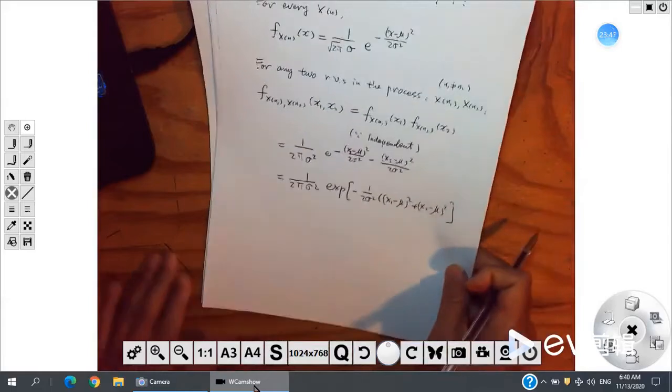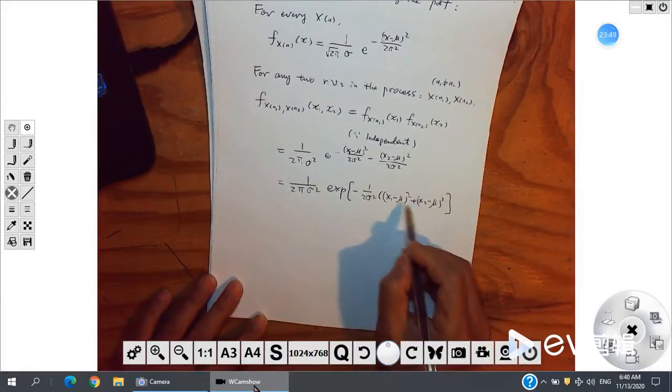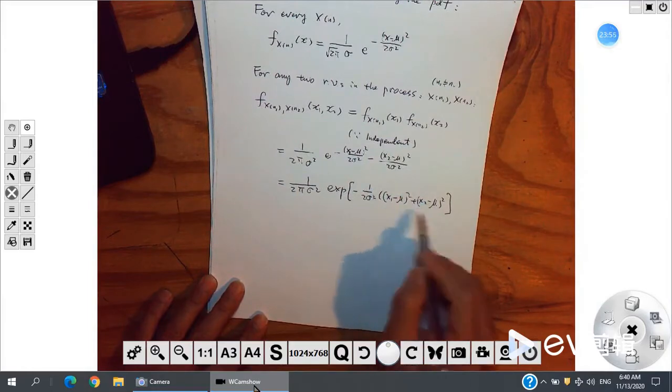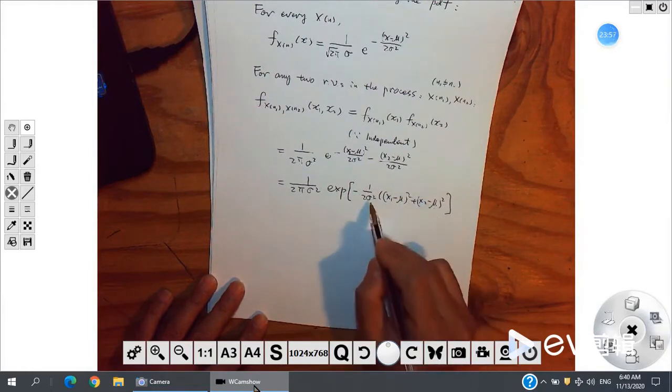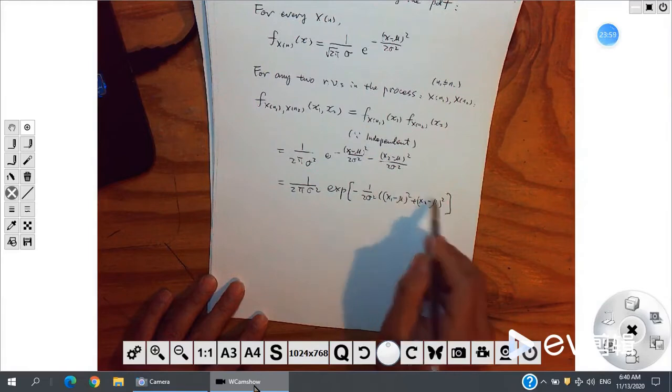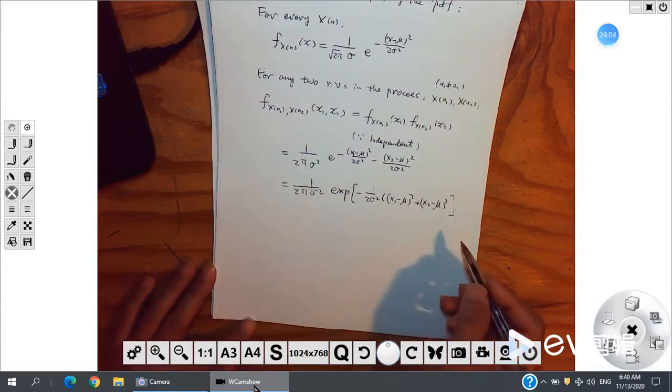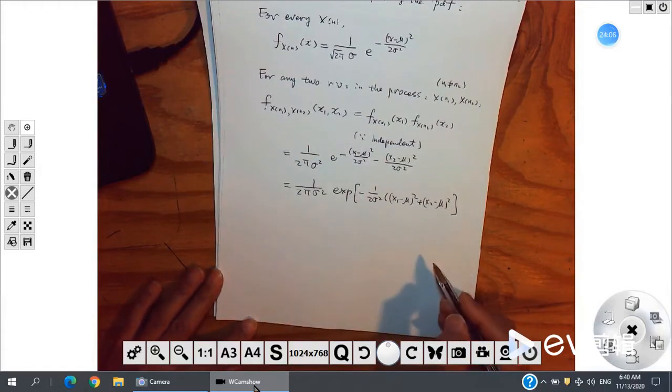If you want to know more details, you can try different values of mu and sigma, like mu is 0, sigma is 1, then what is it? Mu is 1, sigma is 3, then what is it? You can study more details about it. Here I just leave it like this.